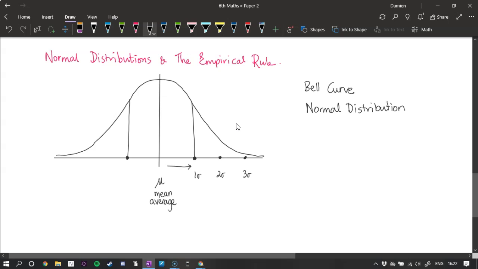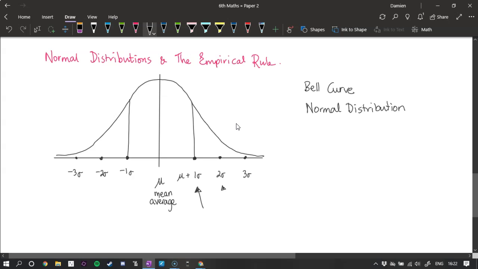It also works going the opposite direction. If you go to the left, you're looking at -1 standard deviation. You can go to -2 standard deviations, and you can go to -3 standard deviations. But the way we often write this is this first number here is written as the mean plus 1 standard deviation.